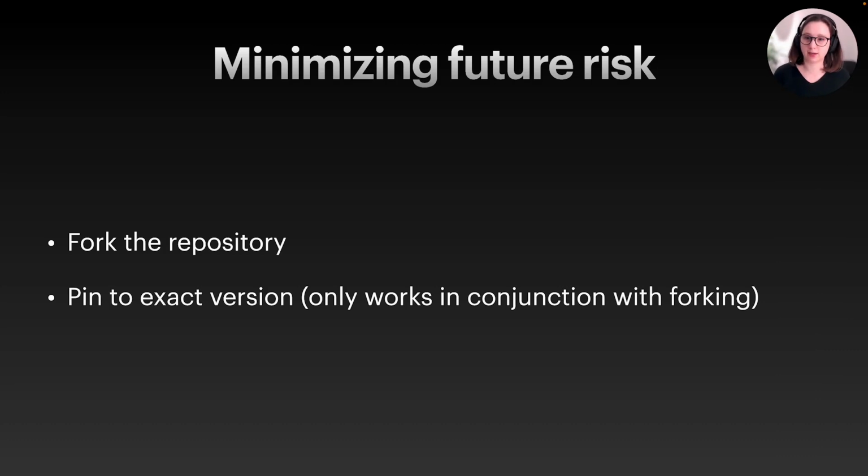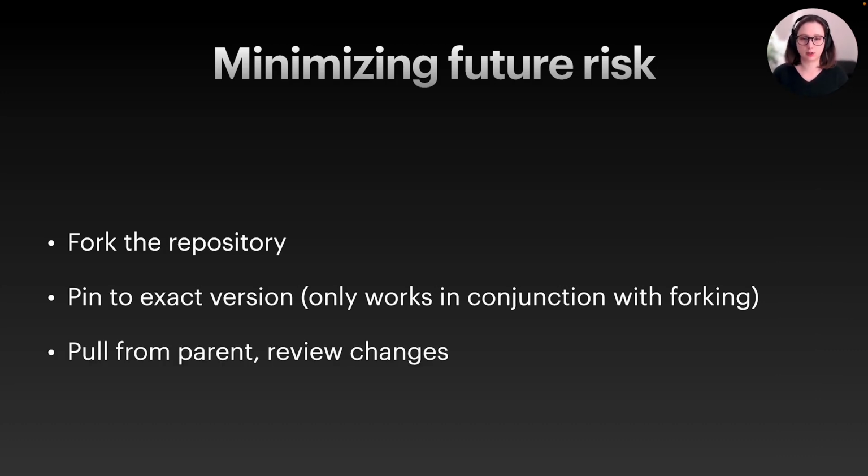And so every time we want to update a dependency, then we can go through the changes on the parent and pull from that upstream into our fork and go through all of the changes in the code. Usually that would be incremental, so it's less big of a job than originally reviewing the library.